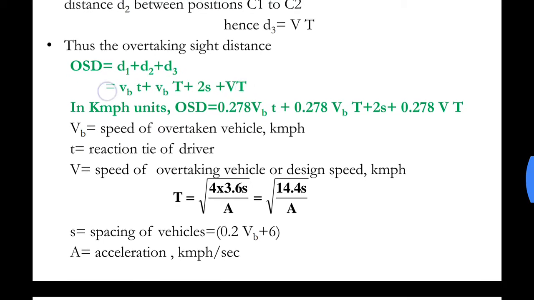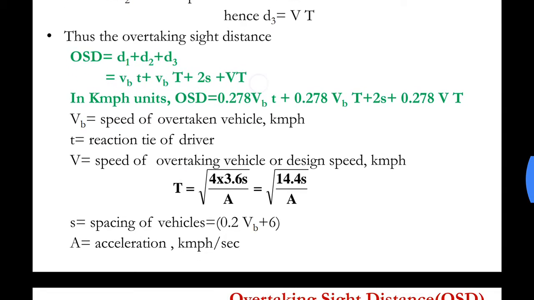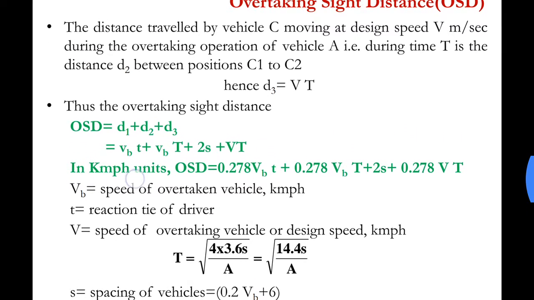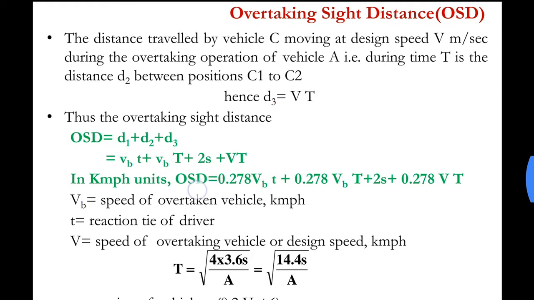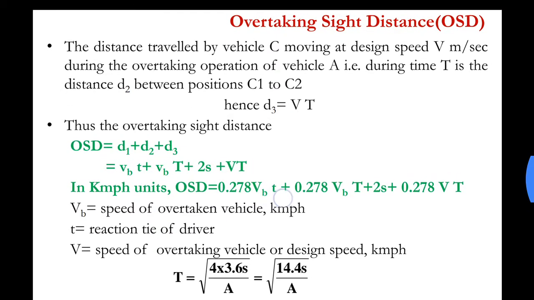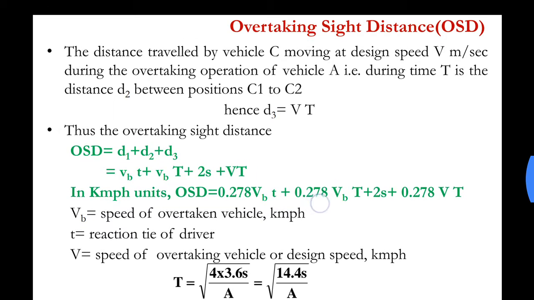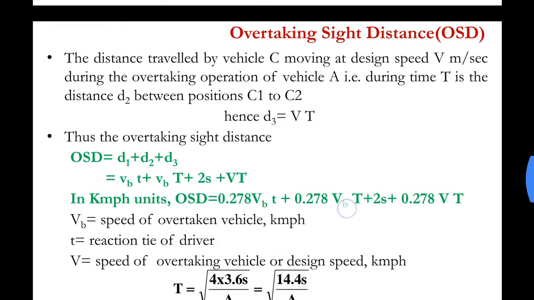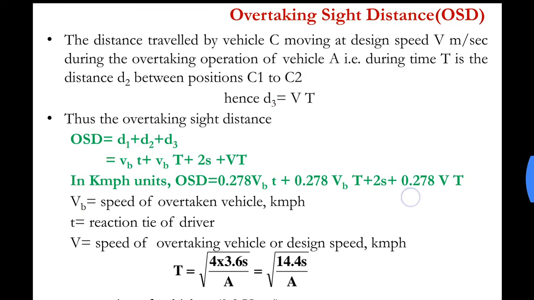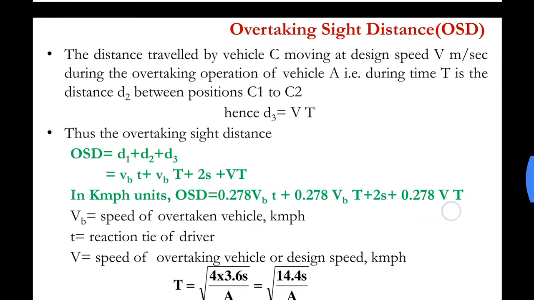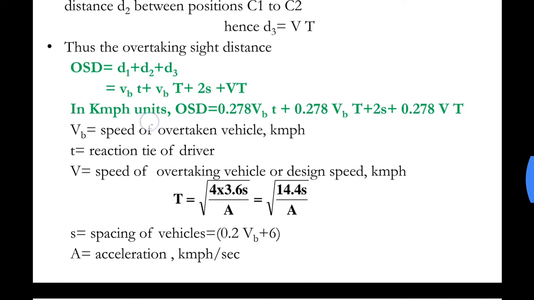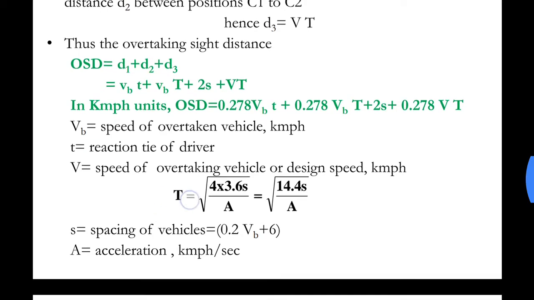Now this is the formula that we will be using when the velocity is given in meter per second. When the velocity is given in kmph, the formula would become OSD equal to 0.278 Vb into t, that is reaction time t, plus 0.278 Vb into capital T, plus 2s, plus 0.278 V into capital T. When the velocity is in kmph, the formula for capital T will change.